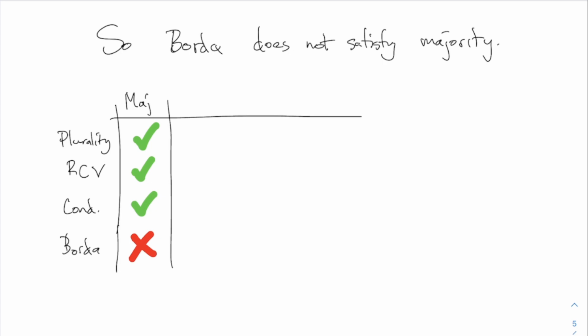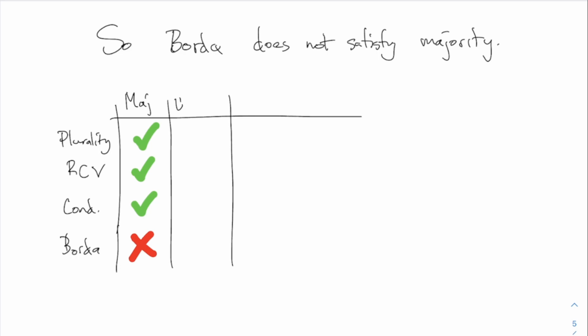Great. So this is sort of where we're going for the next few times. Let's talk about another column here. The next column is regarded as a very easy one to satisfy, a very low bar.